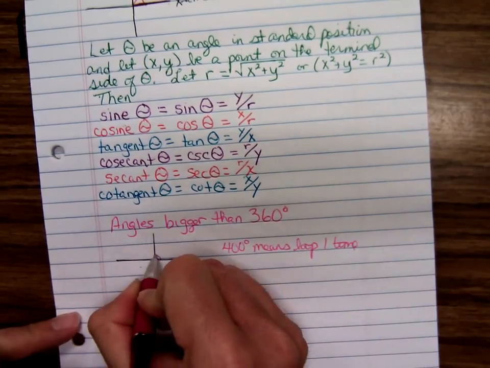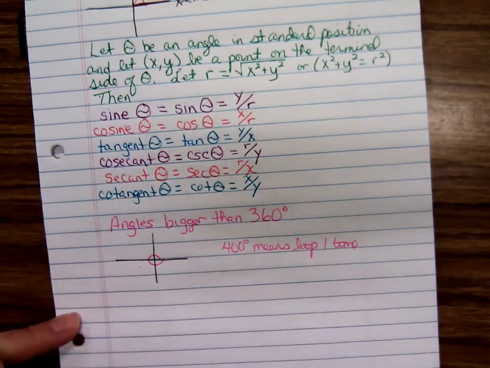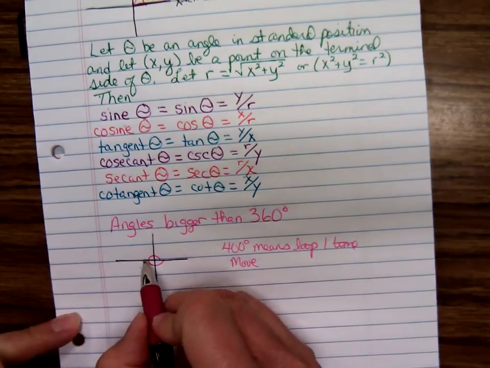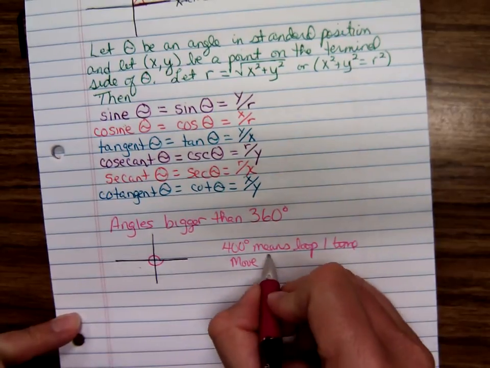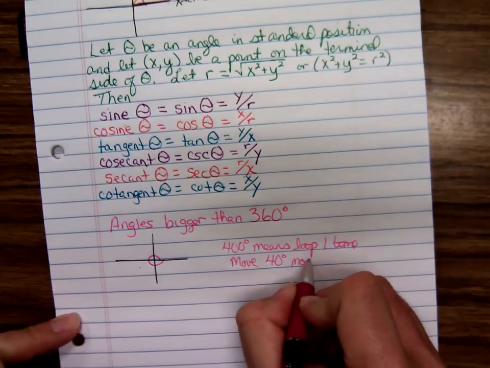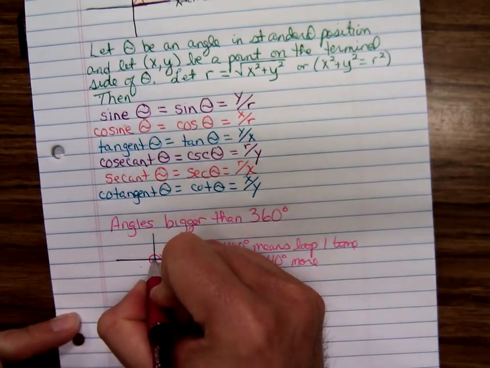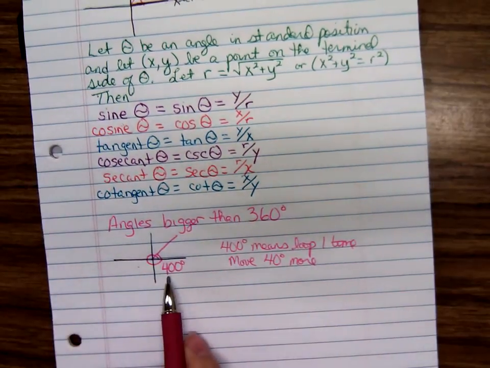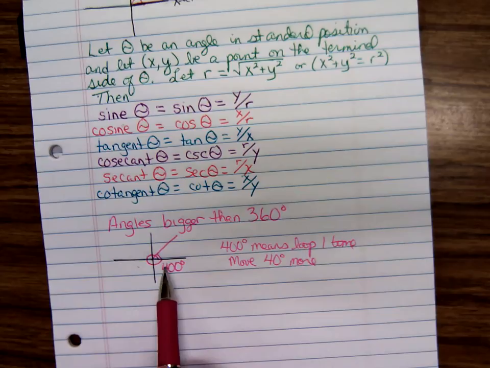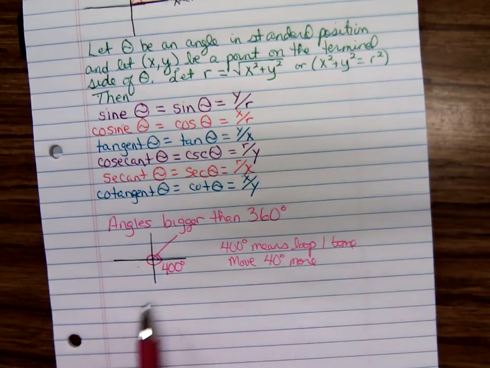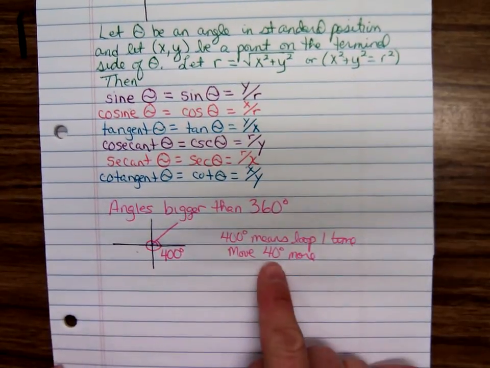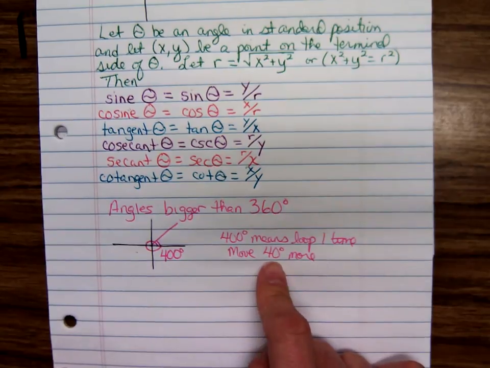One complete revolution is 360, and then move an additional how much? If you've already moved 360 degrees, you need to move 40 degrees more. So 400 degrees would be loop around one time, then move 40 more degrees. 360 plus 40. What we say is that 400 degrees and 40 degrees are coterminal. They stop at the same side.